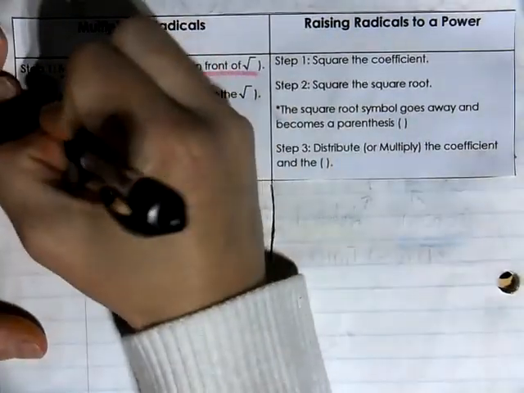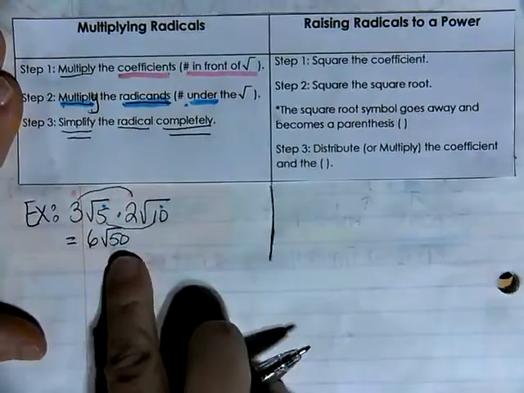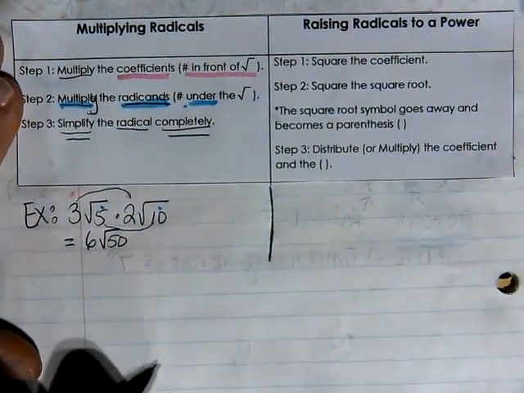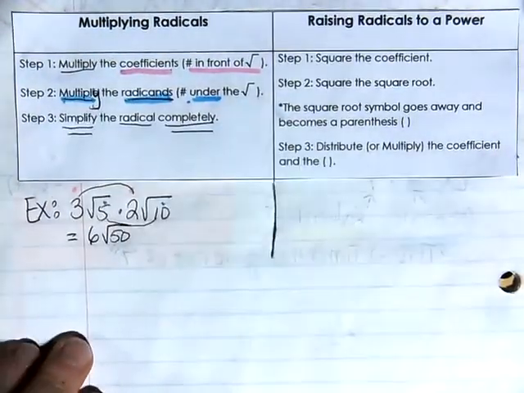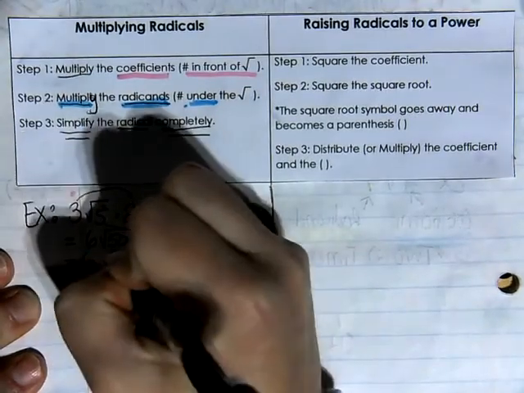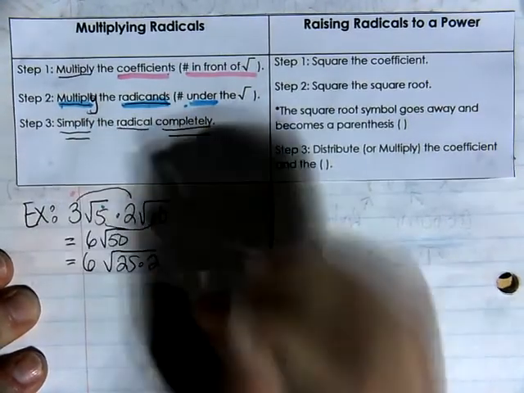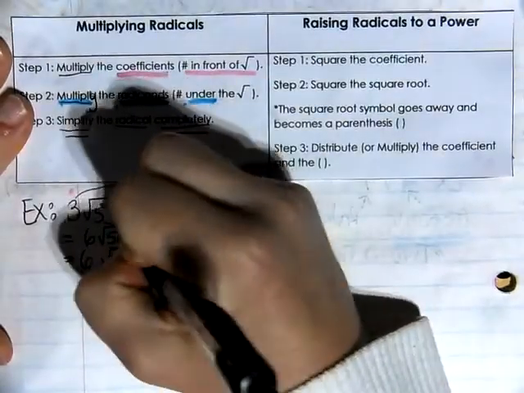Step number 3 is I need to simplify the radical completely. So just like we did in our last example, I need to keep going when it comes to the square root of 50. I know that 50 is really 25 times 2. So we always want to look for the biggest perfect square. I'm going to make a note of that.